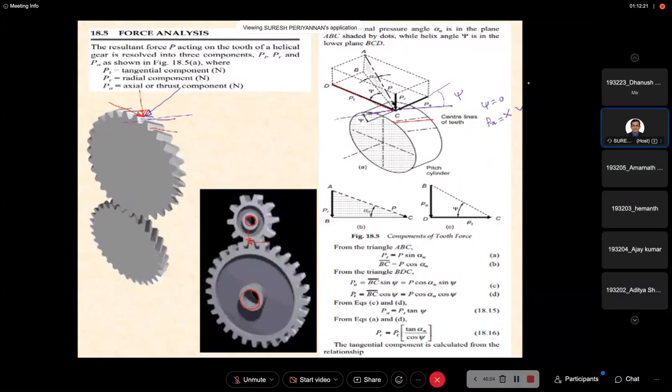So that understanding is enough. Later you go to the terminology of spur gear, helical gear, and you can get more clear information.